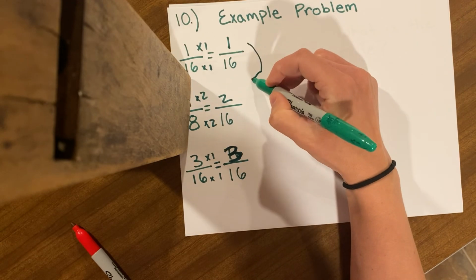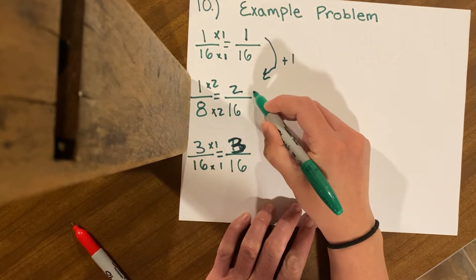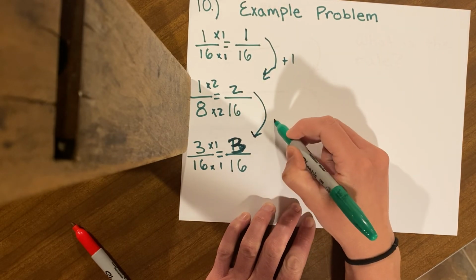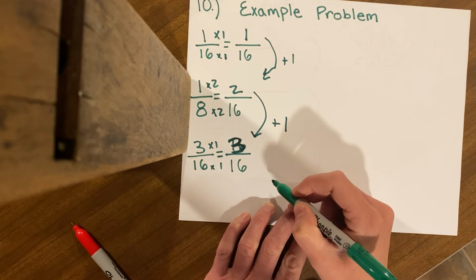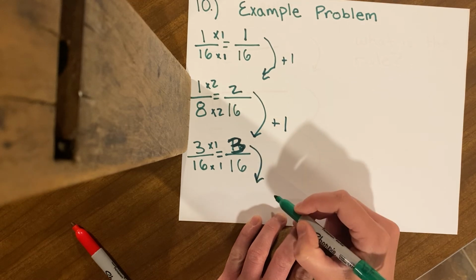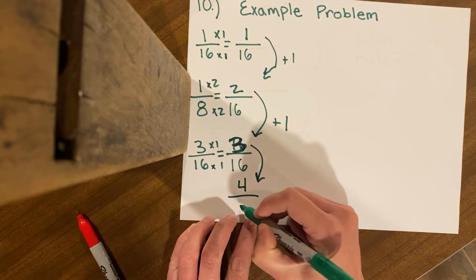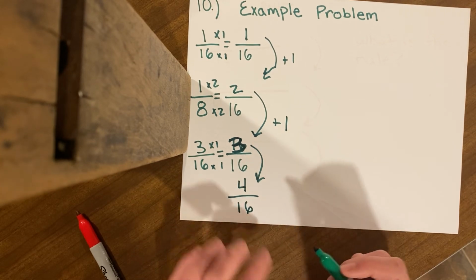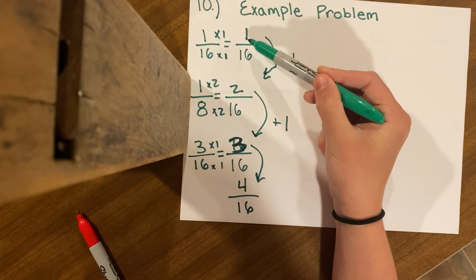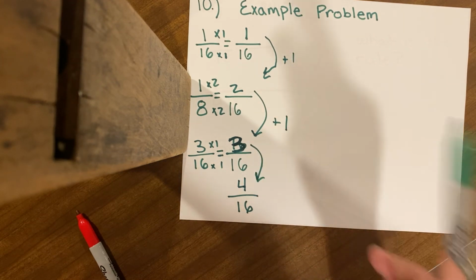So we know that each time the numerator is plus 1. That would be our pattern. So our next fraction in our pattern would be 4/16, because we know each time our numerator increased by 1.